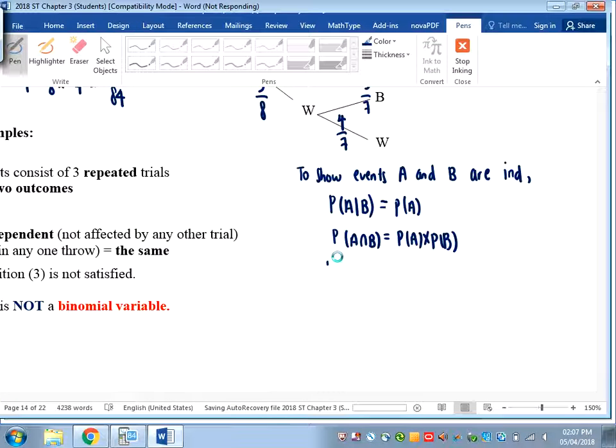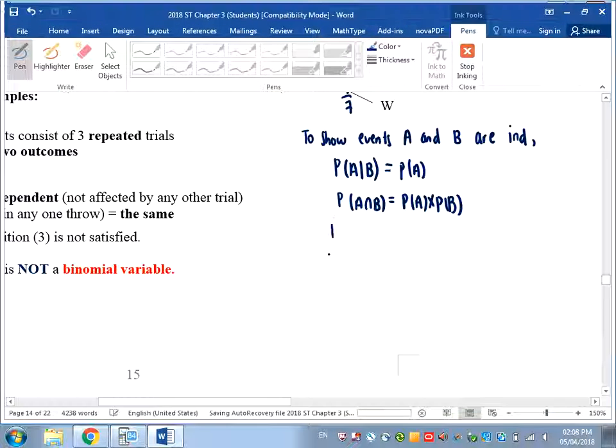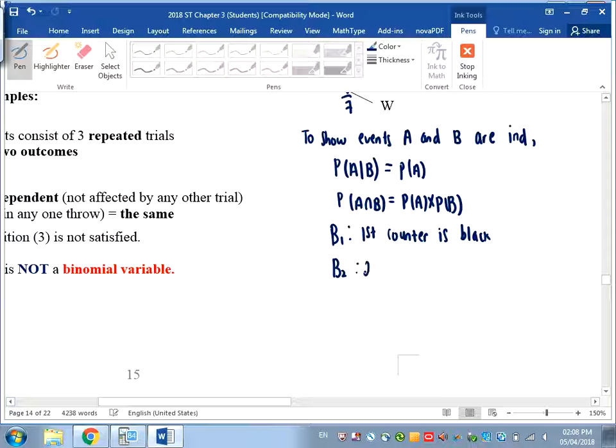Let me define 2 events first. I'll define 2 events, B1 and B2. B1 will be the event that the first counter is black, and B2 will be the event that the second counter is black.